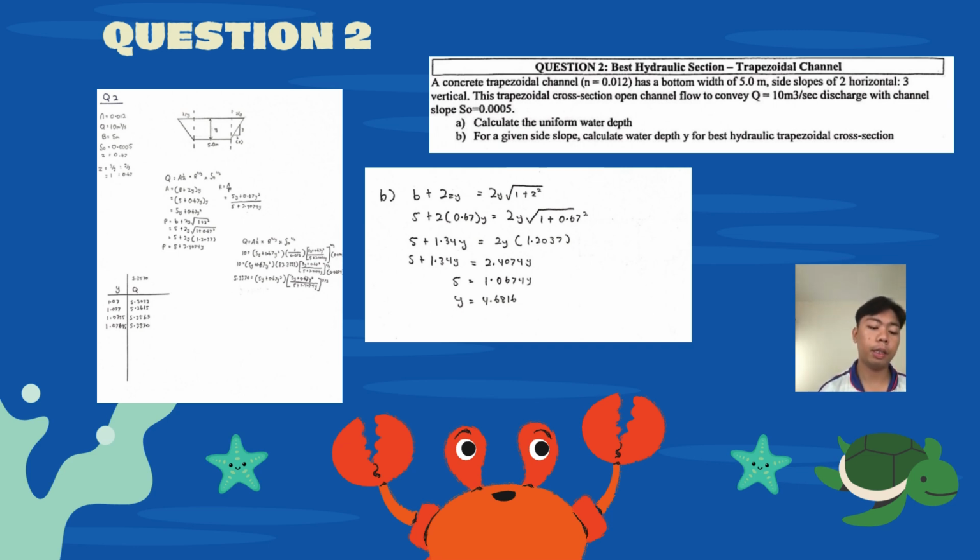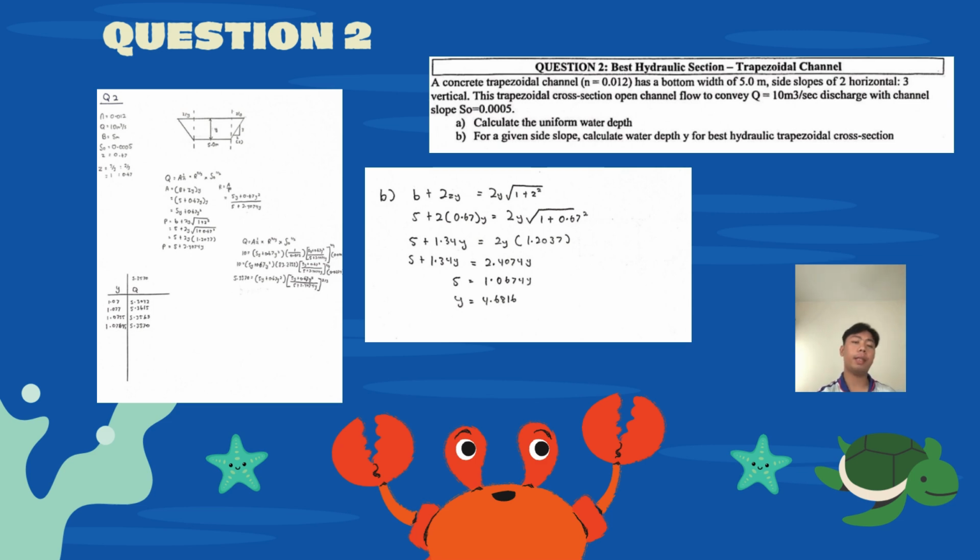After we get this, we use the Q formula back and put in the data we have until we get 5.3570 equals open bracket 5y plus 0.67y square close bracket times open bracket 5y plus 0.67y square over 5 plus 2.4074y close bracket power of 2 over 3.